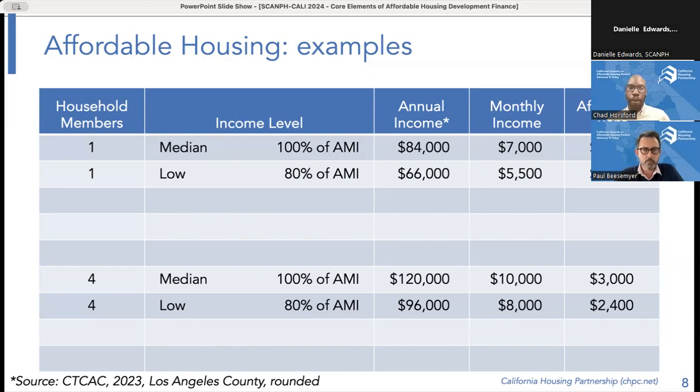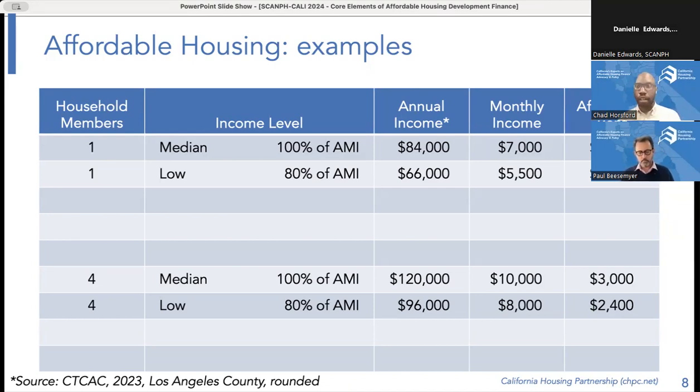At that income for a one-person household, an affordable rent is something that's no more than $1,650 for the month. So if you're a one-person low-income household, then your rental options shrink a little bit. Paying $2,100 a month in rent ends up working out to more than 30% of your income for the month.